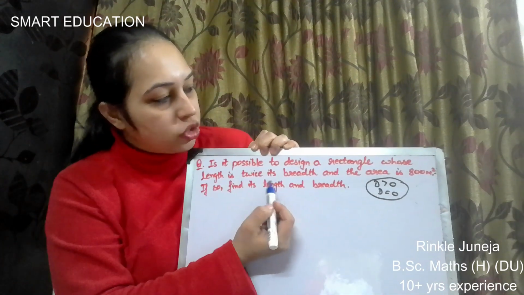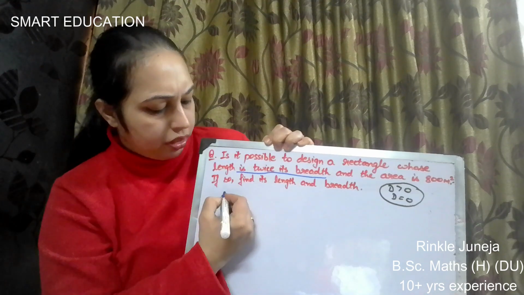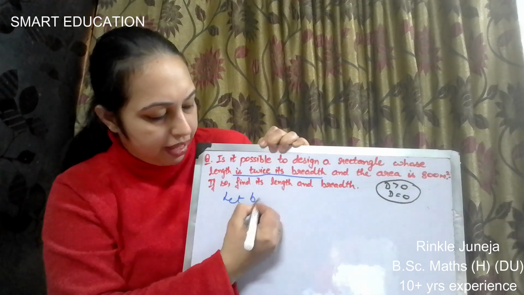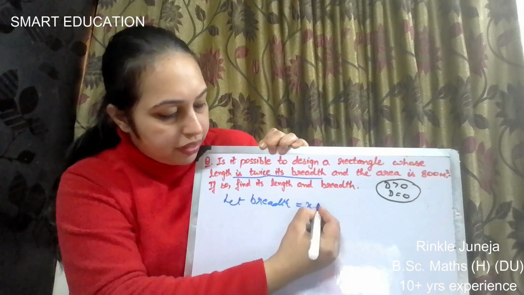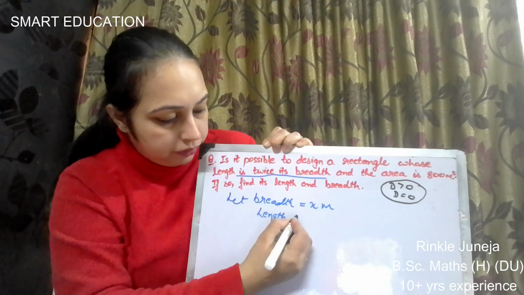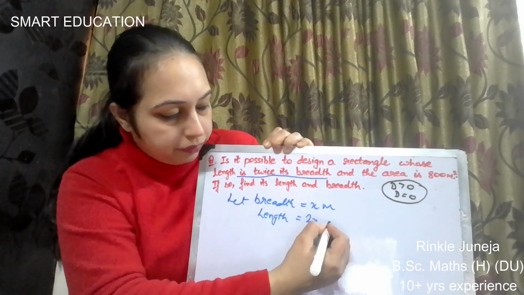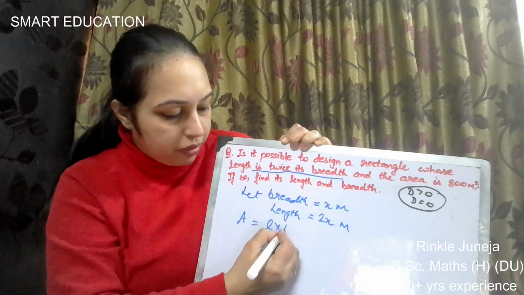First, let's form the equation. We are given that the length is twice its breadth. So let breadth be equal to x meter. So length will be 2x meter. And the area is given to us. We know that the area of a rectangle is length into breadth.